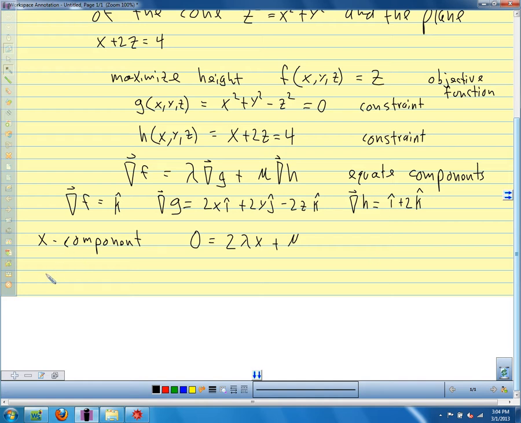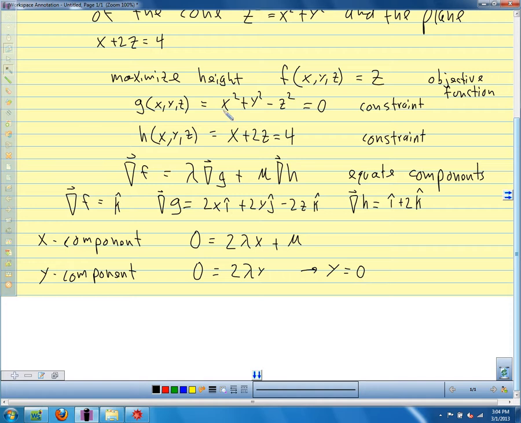For our y component, we get 0 from del f equals 2 lambda y. And this tells us that y has to be 0.